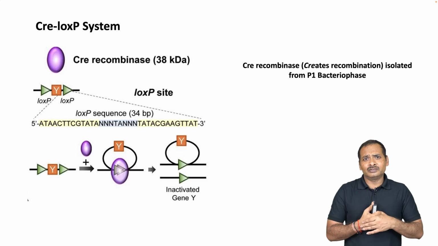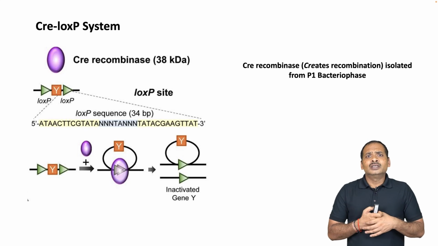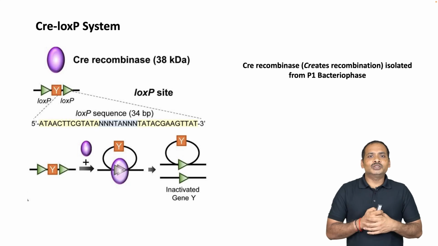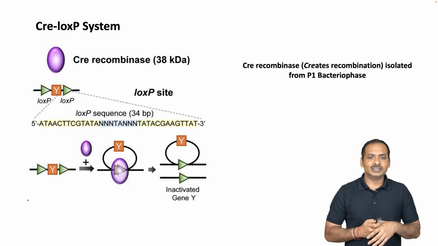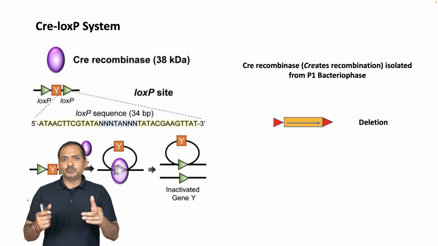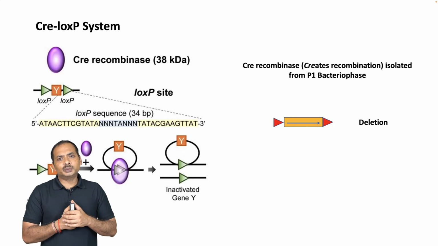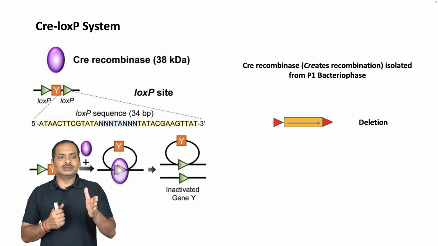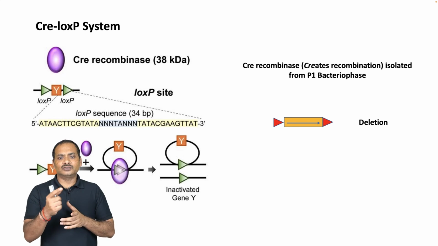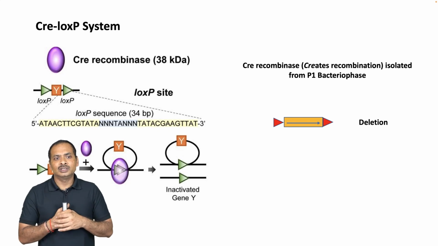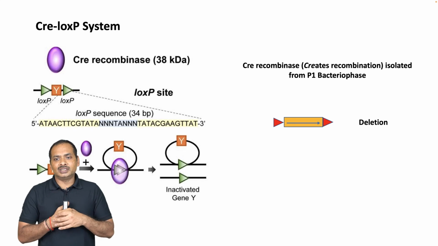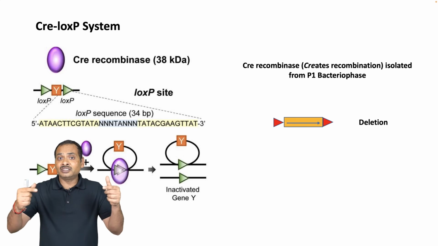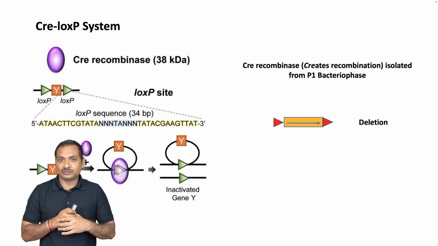This is a really very good discovery. So using this system you can do a lot of genome manipulation very easily. For example, if you put this LOXP site in this orientation, you can consider this as the 5' and 3' orientation of the LOXP site. If you put it in this orientation, then the intervening sequence will be chewed off.